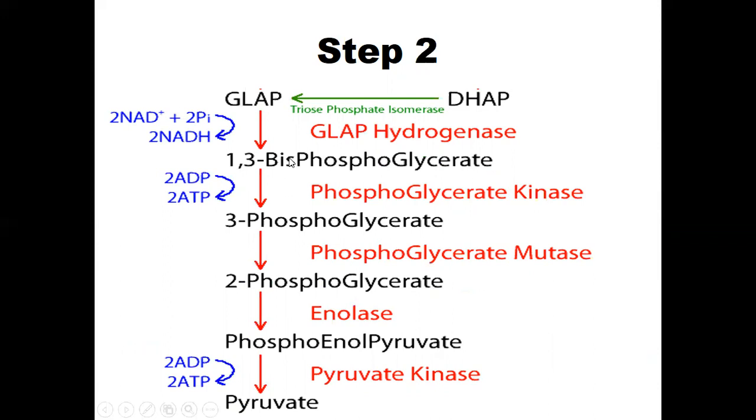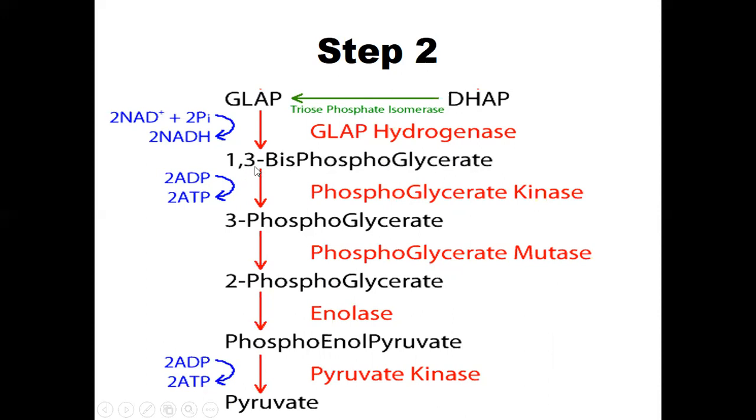So going into the energy producing phase of glycolysis, you have two molecules of glyceraldehyde 3-phosphate being converted in the presence of glyceraldehyde 3-phosphate dehydrogenase into 1,3-diphosphoglycerate. In that process, two molecules of NADH are produced.